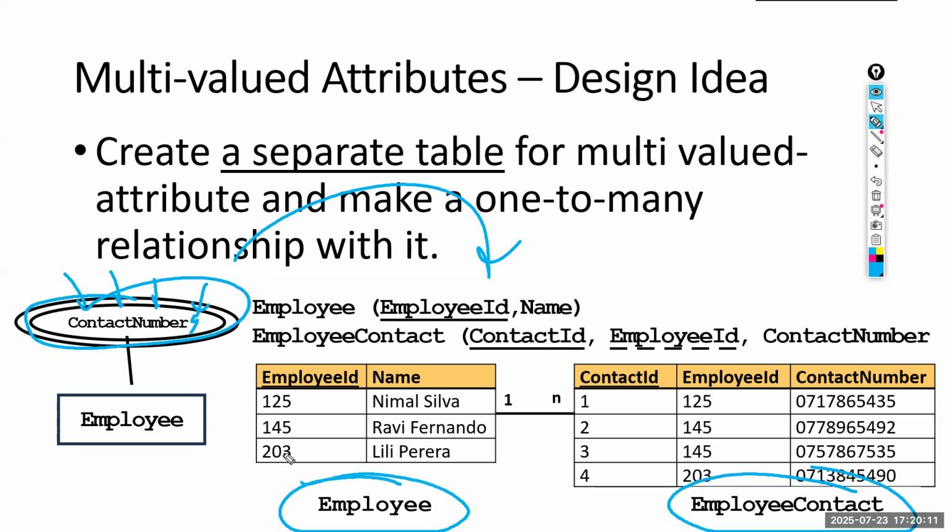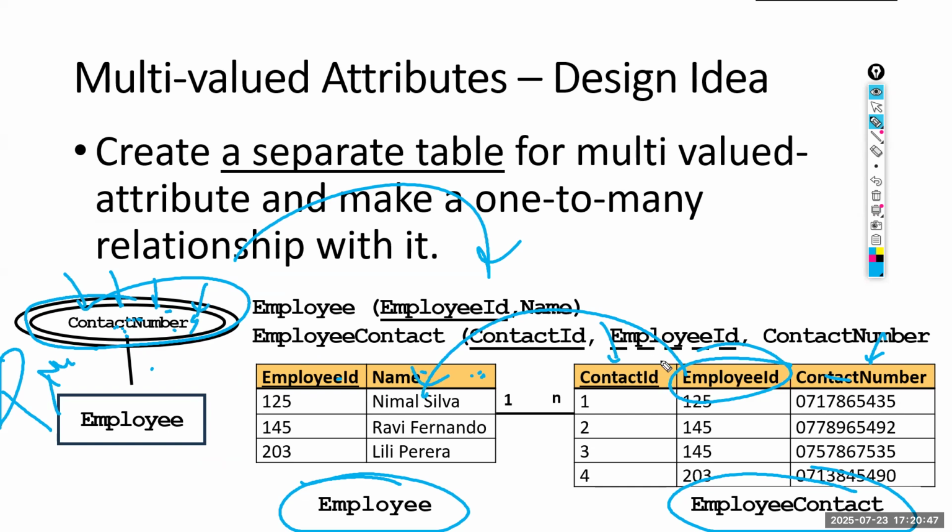In your main table, don't add this as an attribute. Maybe employee has employee ID, name, and contact number. Now keep employee ID and name, but don't add contact number here because there's a possibility of multiple values. So you can create a relationship to another table, and in that table you have the contact number. Maybe you can have a primary key called contact ID or something, just like employee ID, and make sure you have a foreign key referring to your table.